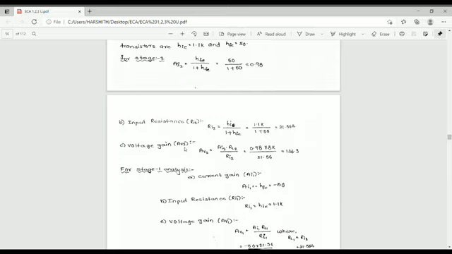Overall voltage gain AV equals AV1 times AV2, the product of the first stage and second stage voltage gains, which is minus 133.63.